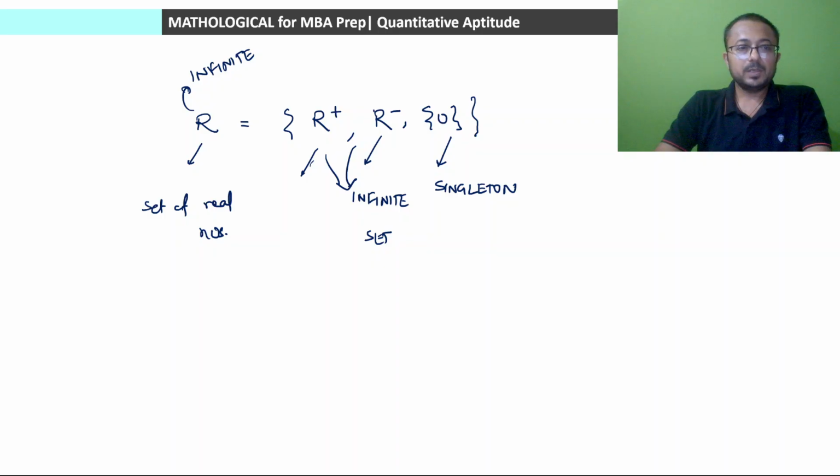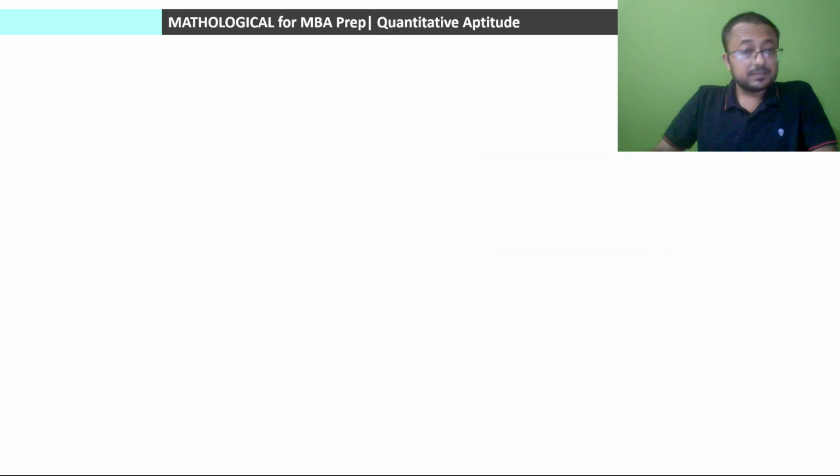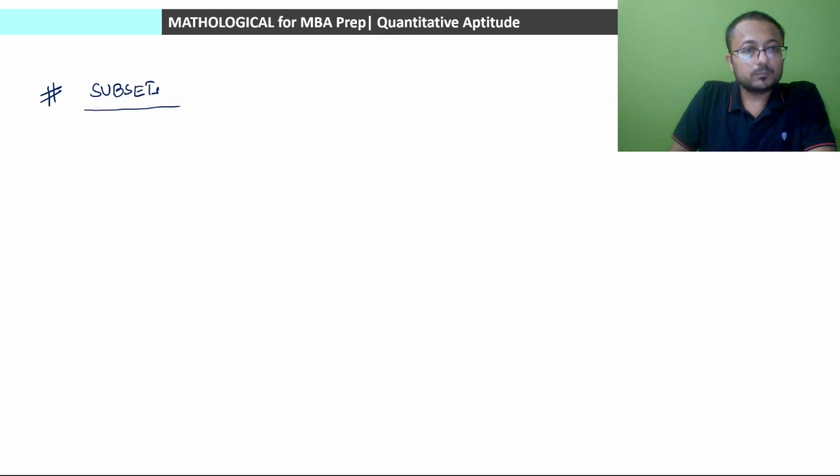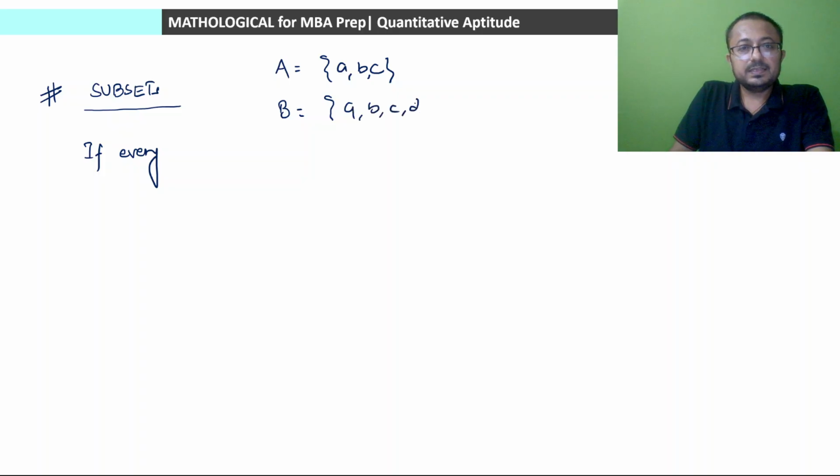Okay. So with that understanding, let us discuss what are subsets. What are subsets of a set? So if there is a set A and there is a set B, let us say A is a set with elements a, b, and c, and B is a set with elements a, b, c, and d.